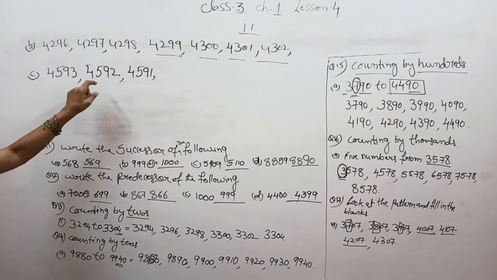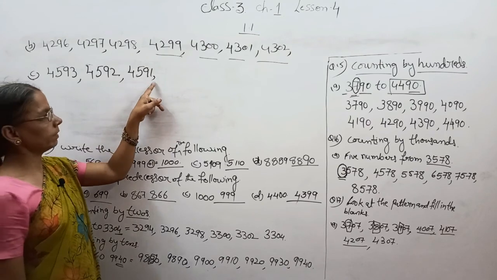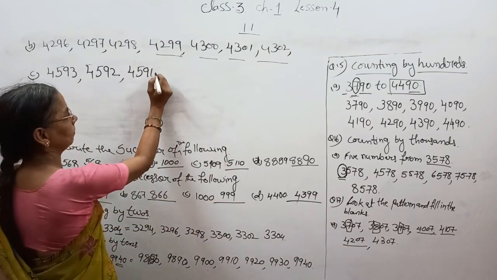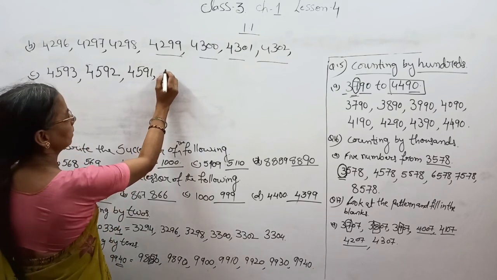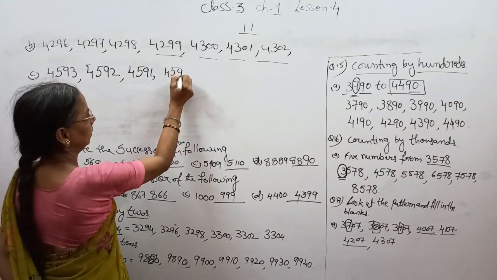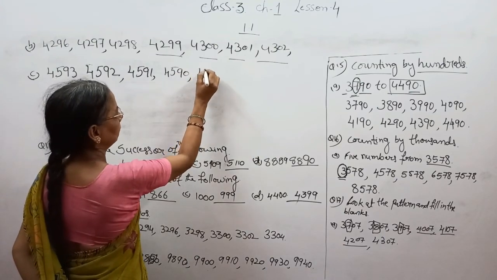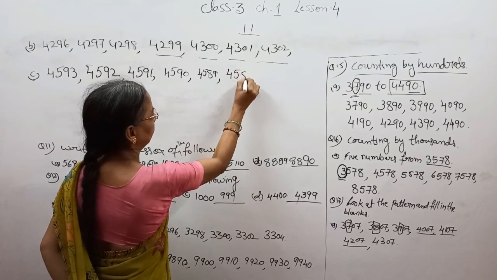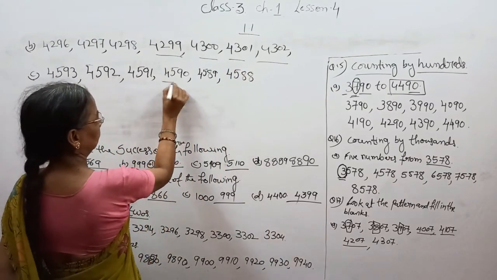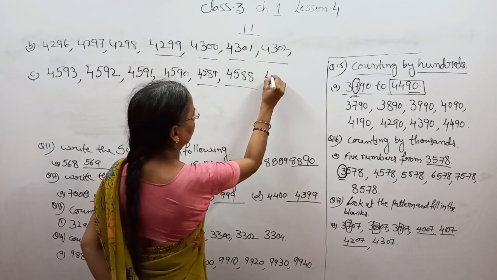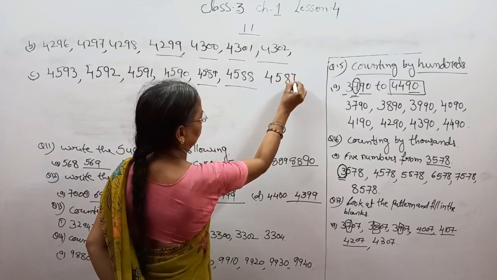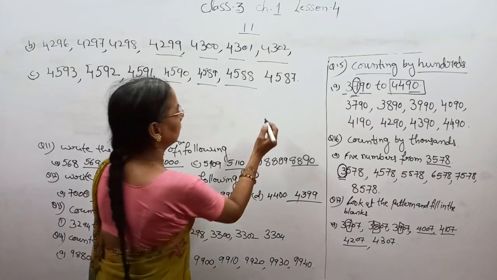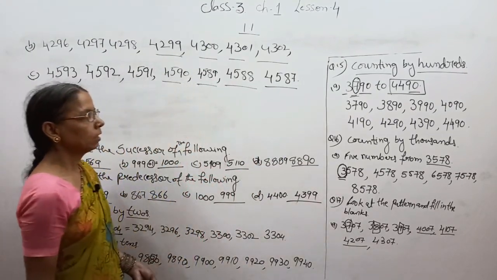From 93 it is 92, 92 to 91. Now we have to come down by subtracting one from the number, that is 4590, then 4589, then 4588, then lastly 4587. Like this you have to complete the pattern, whatever is given in the question.